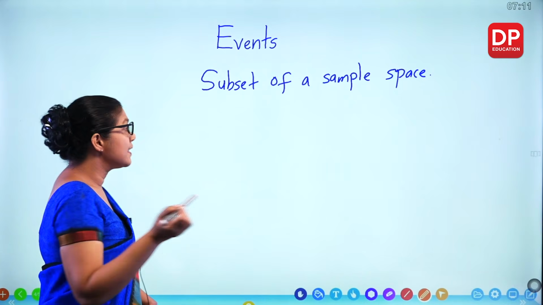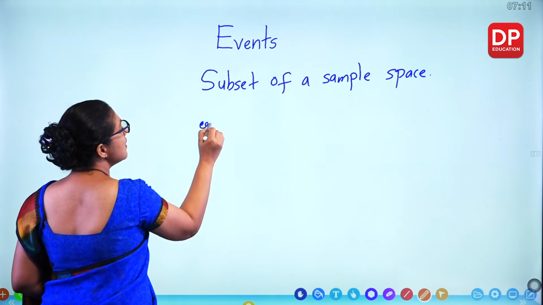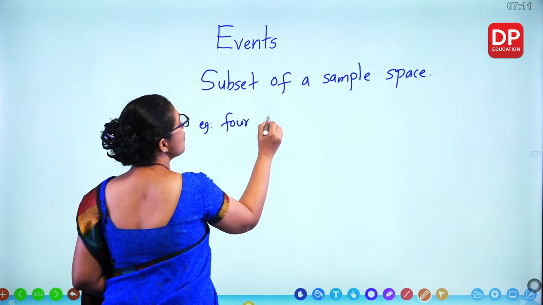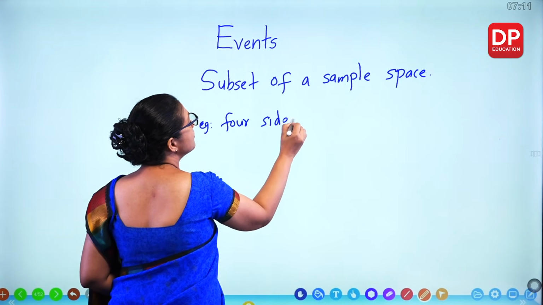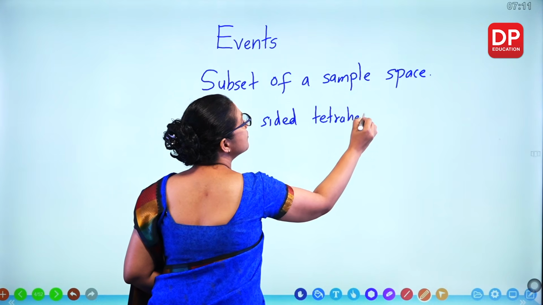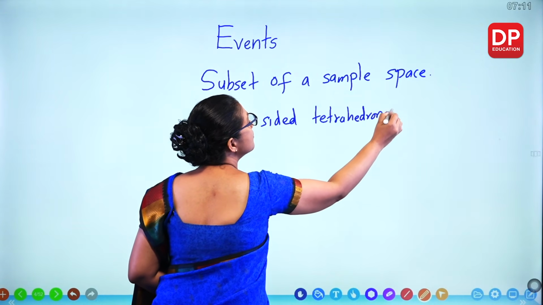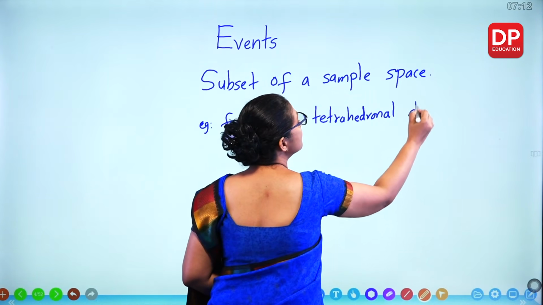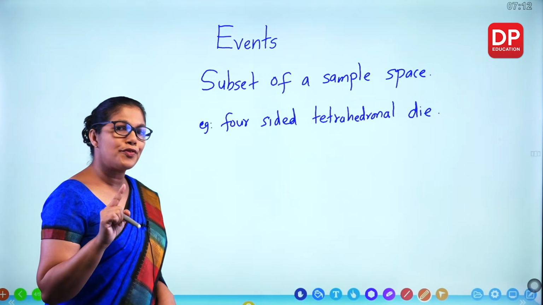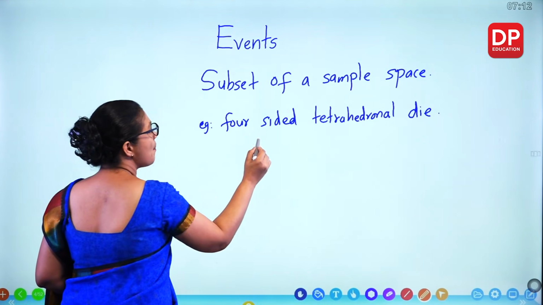Now we'll take an example: a 4-sided tetrahedral die. There are 4 sides, 1, 2, 3, 4. So what's the sample space?